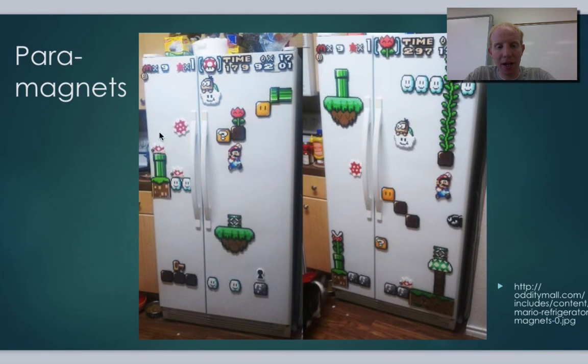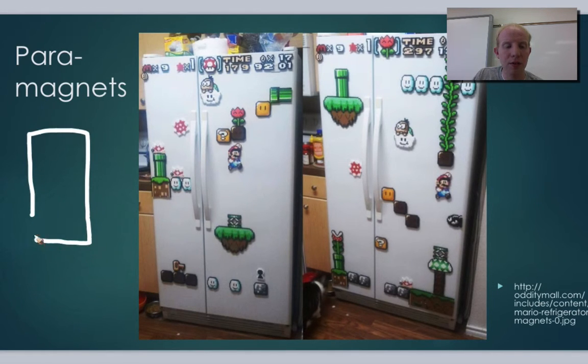And then paramagnets, again, are like fridge magnets. They only stick if they're near something that is magnetic, or can become magnetic. The reason that a paramagnetic material works is because of the field lines. If you think about a permanent magnet, if you draw the north and south side, we can think of the magnetic field as having arrows pointing up towards the north side, right?